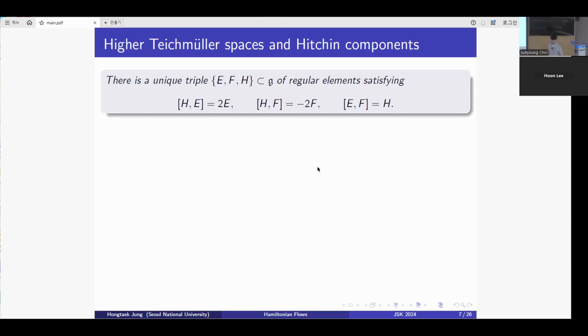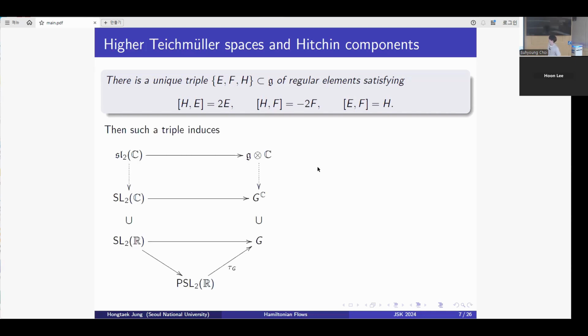And also we can find E, F and H as regular elements, whatever that means. And if you can find those elements in your Lie algebra, then you can construct the following diagram. This is a relation that is satisfied by the SL2R Lie algebra.